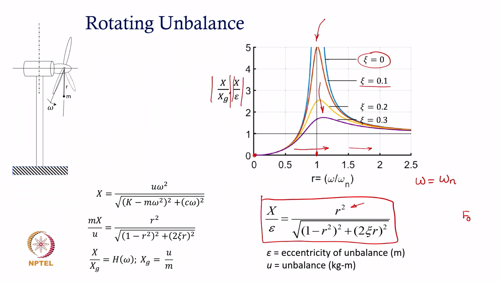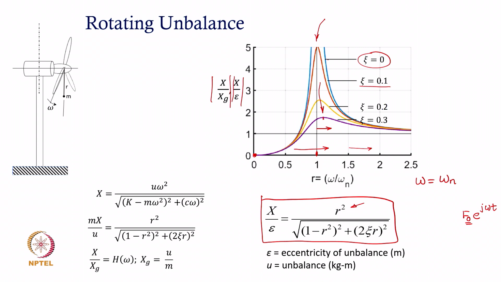The only couple of things that are required to be noticed here, and it is important to distinguish the results of the rotating unbalanced case vis-a-vis results with the constant excitation amplitude case. Okay. If you notice here, the peak amplitude with damping increasing is shifted towards the right, compared to the case of constant excitation amplitude, where it was shifted towards the left, if you remember.